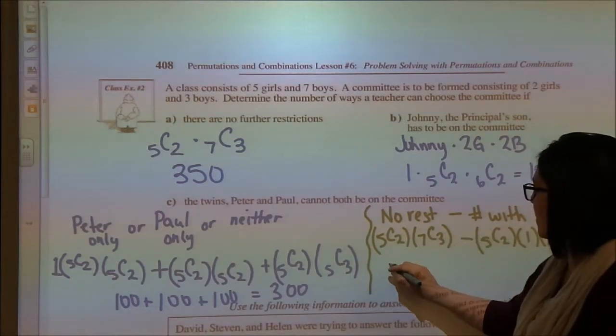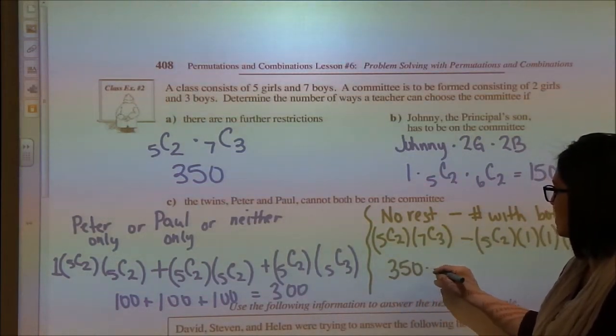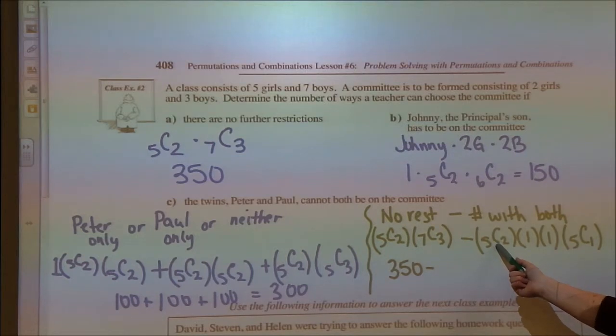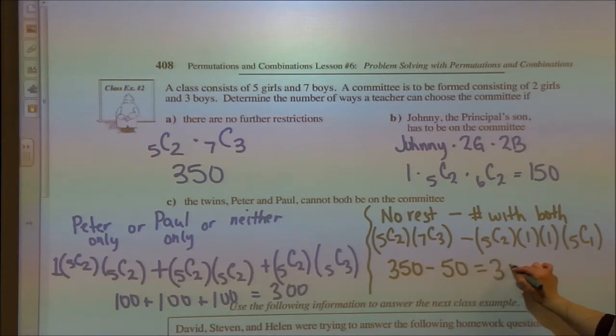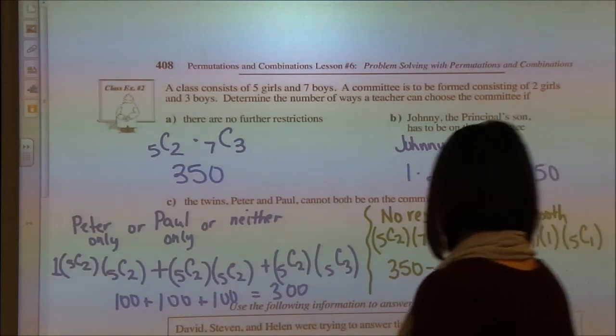So this is 350 from the first one. I know from before that this is 10, and 5C1 is 5. So that would be 50, and I still get 300. So I could look at it as one of 2 ways. Okay.